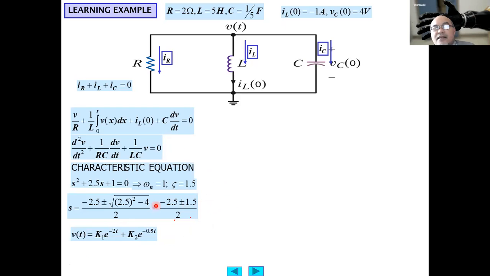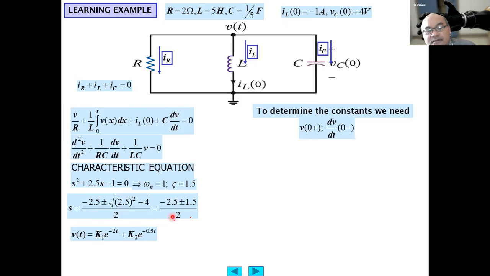So this is the general homogeneous solution. To determine the constants, since we are solving for voltage, we need the voltage at 0 plus and the derivative of the voltage at 0 plus.